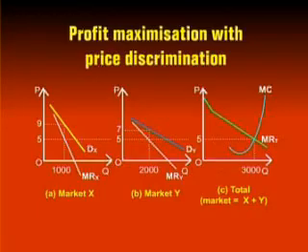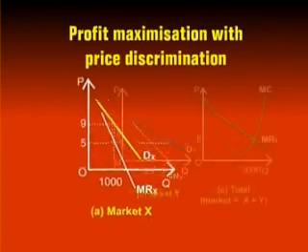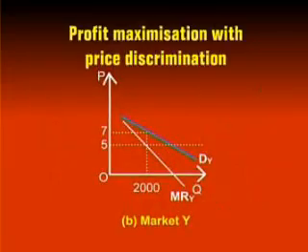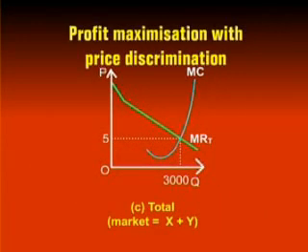Thus, for example, with output of 1,000 units in market X and 2,000 units in market Y, making 3,000 in total, revenue would increase by rupees 5 if one extra unit were sold, whether in market X or Y. Total profit is maximized where MC is equal to MR, and this you should know by heart by now. That is at an output here of 3,000 units in total.